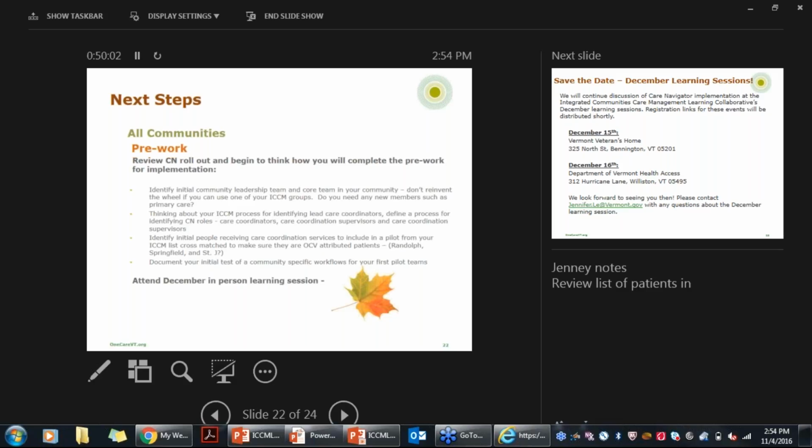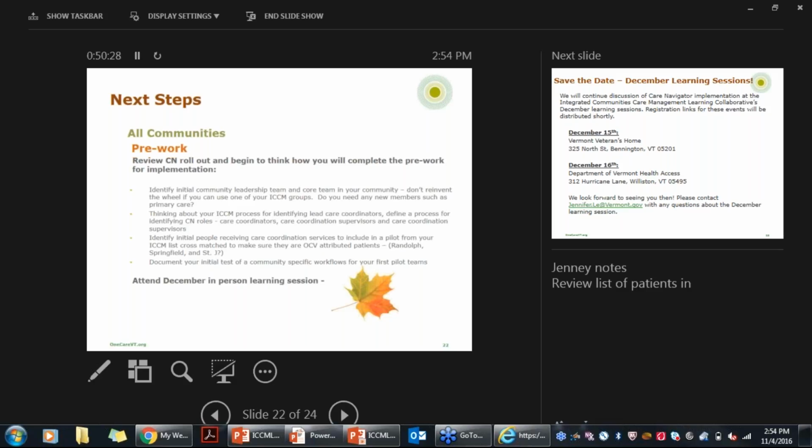Okay, so as far as next steps, part of the Learning Collaborative is always giving some pre-work. As you look at the Care Navigator rollout, think about how you can complete this information or start the work in your community.